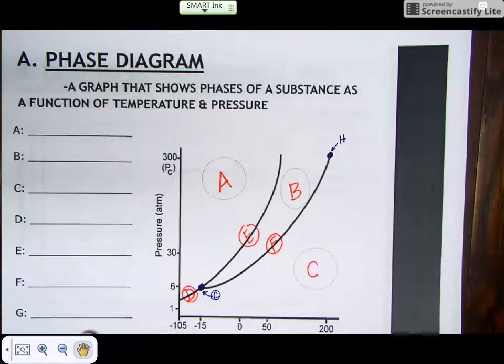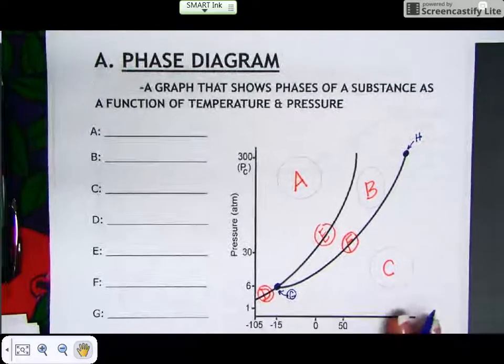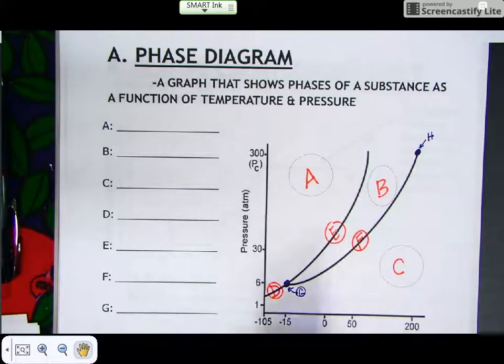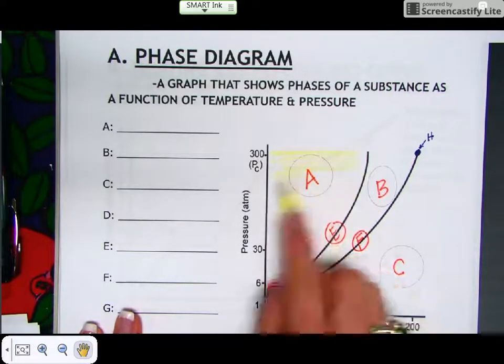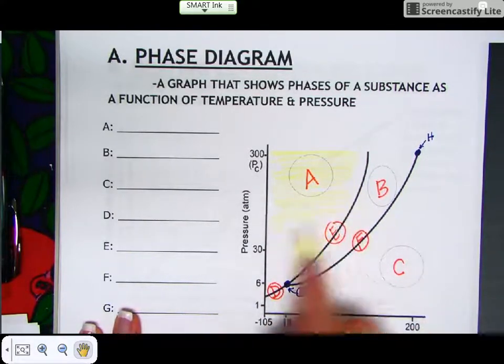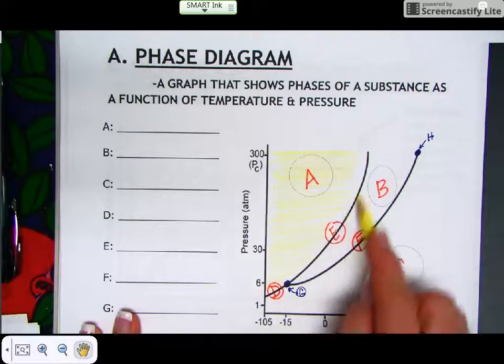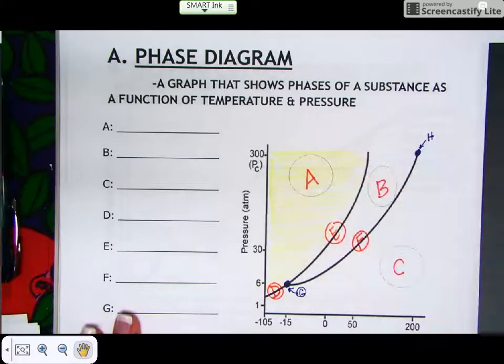Okay. So let's come back over and label what state of matter is present in each section. So for section A, we're talking about the entire region, any temperature and pressure that would be present in this region of the graph.